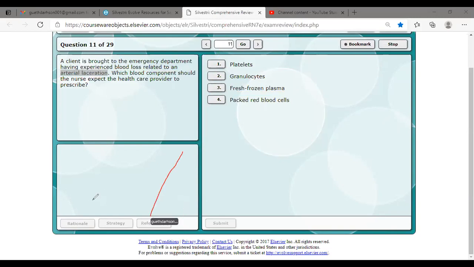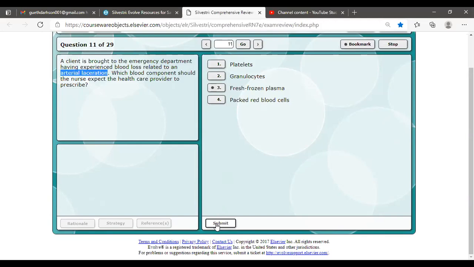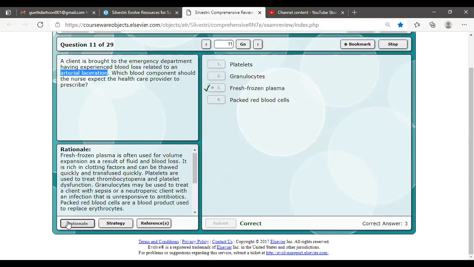Now let me go back to the explanation of what they said. Frozen plasma here. Fresh frozen plasma is often used for volume expansion as a result of fluid and blood loss.